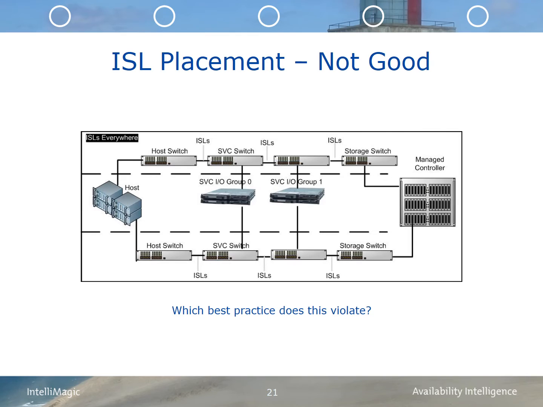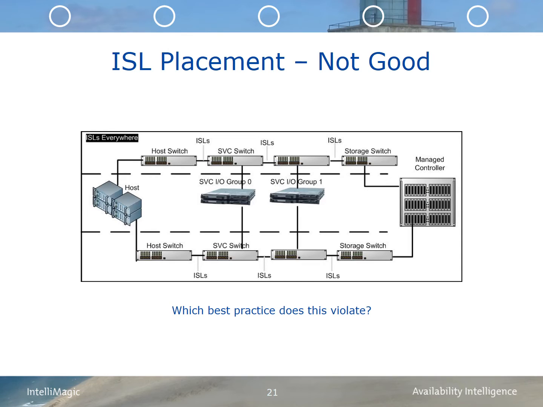When designing the fabric with the SVC in mind, it's very important to eliminate ISLs between the SVC and the storage. In this example, we show ISLs between host switches, SVC switches, and the storage switches. This provides too much latency on the SAN fabric and will lead to congestion and potentially major disruptions.